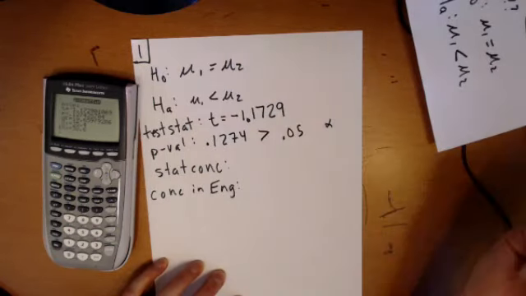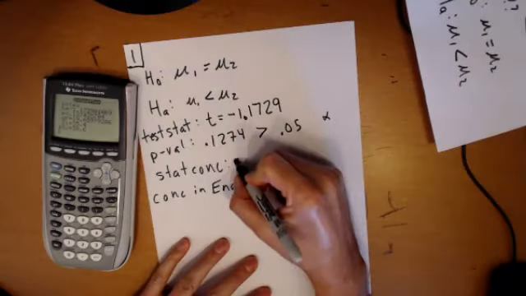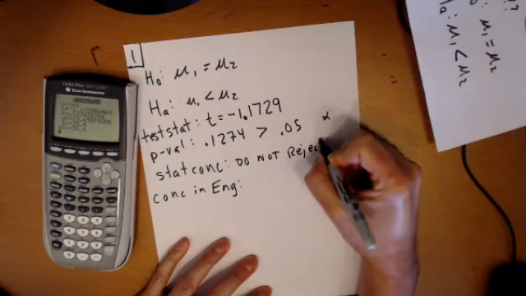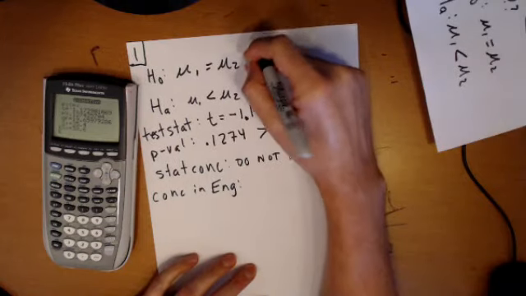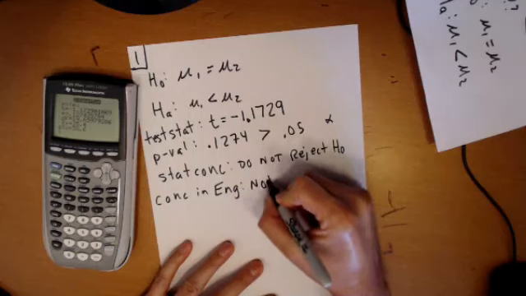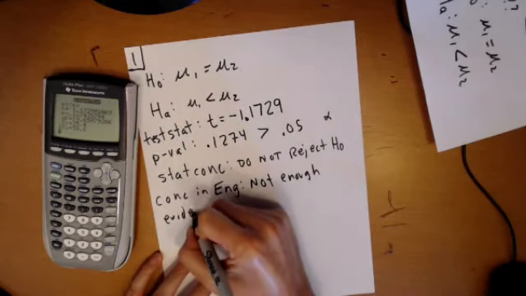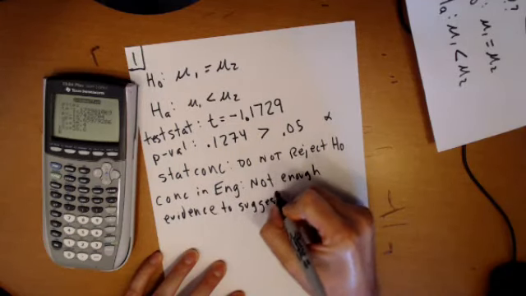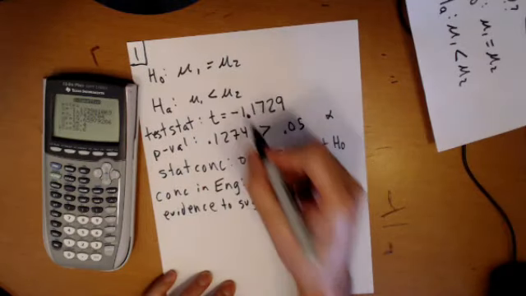It's greater than that. If our p-value is greater than our alpha, we do not reject H0. Do not reject H0, which means we're stuck with it. There's not enough evidence to suggest mu1 is less than mu2. What is mu1?